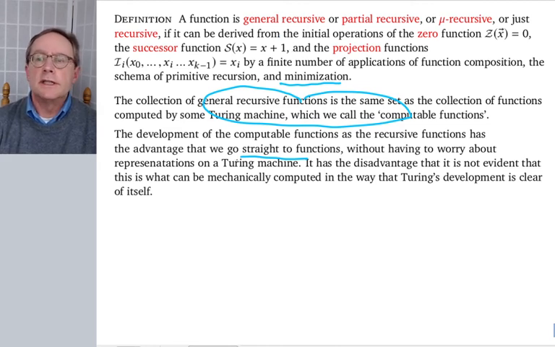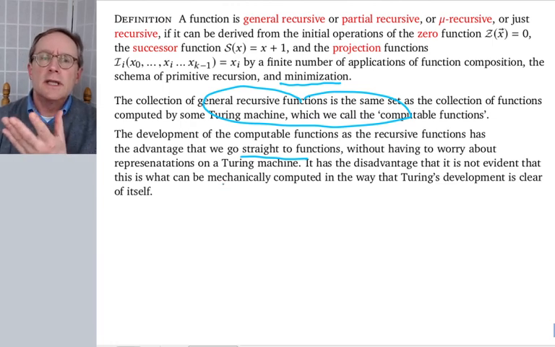However, this approach to the definition of what's computable has the disadvantage that it isn't obvious. It's not obvious that this is what's computable. You go through and say, well, you could compute the successor function, you could compute the projection function, and given a bunch of functions, you can compute the composition, so that's all right.